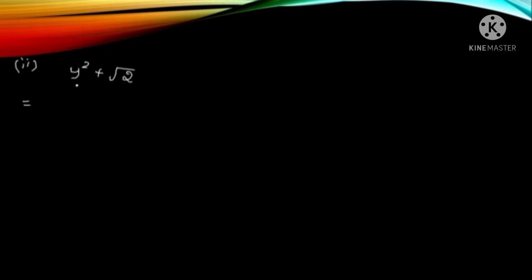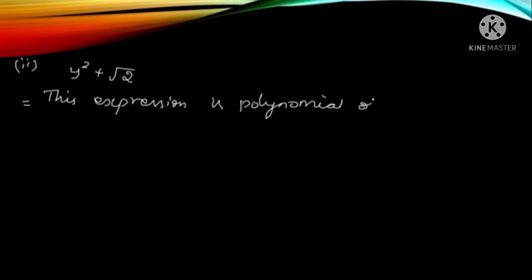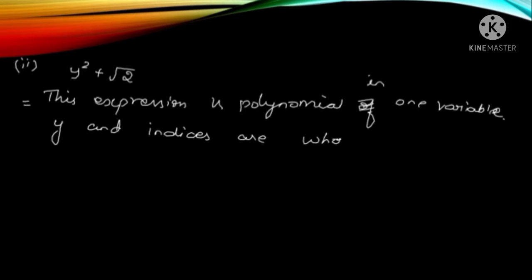One variable y is presented, so this expression is a polynomial in one variable, and that variable is y. Look at the indices, all the indices are whole numbers.